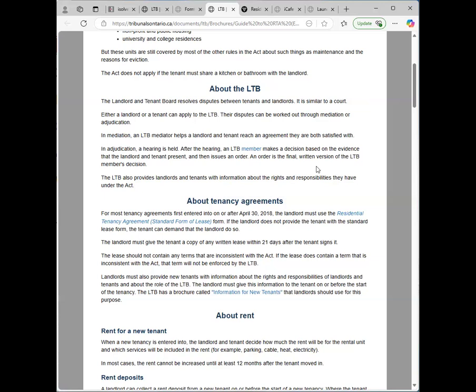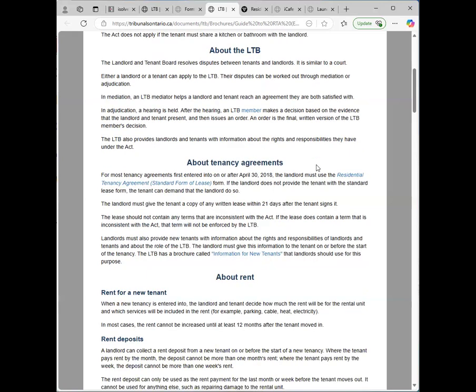Disputes can be worked out through either mediation or adjudication. Typically, the court does not get involved unless there is a ruling of some kind that the writ needs to be taken care of. So, let's see. Yeah, in mediation, a landlord-tenant board mediator helps the landlord and tenant reach an agreement.